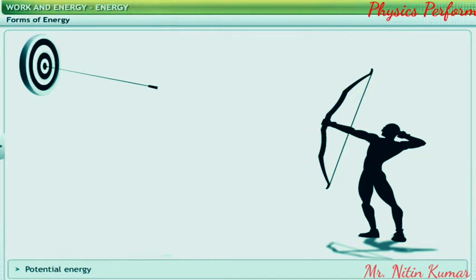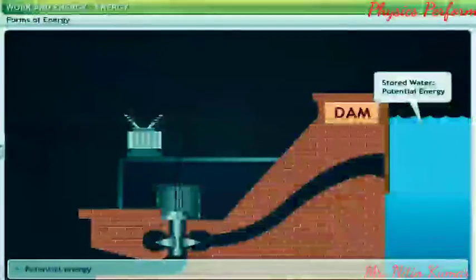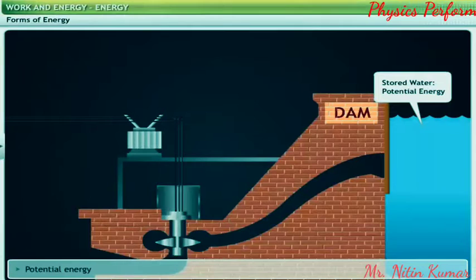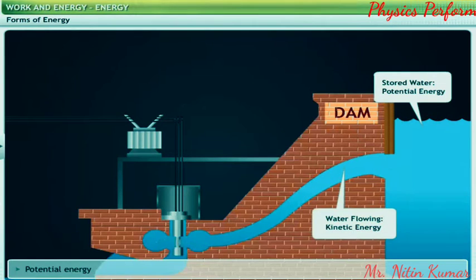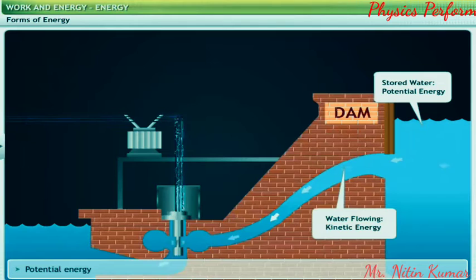When the bow is stretched, the arrow gains potential energy. Another example is of water in a reservoir. This water has potential energy. This potential energy converts to another form of energy called kinetic energy when the water is released and can work to generate electricity.